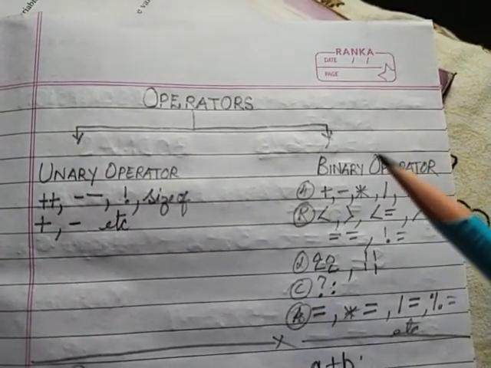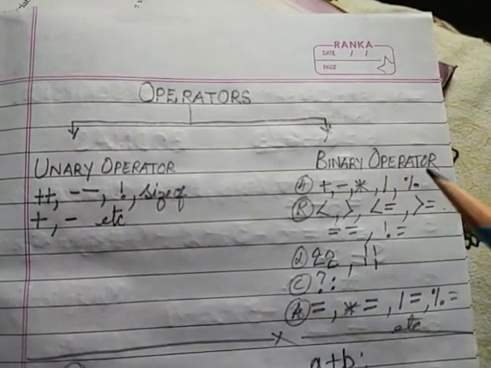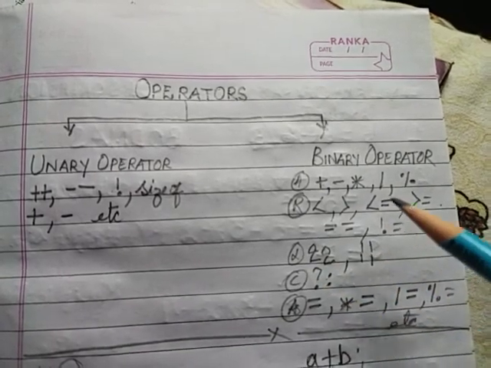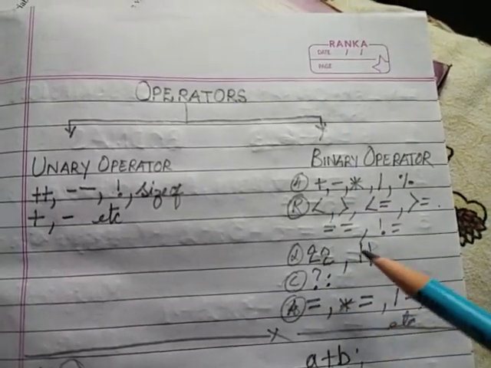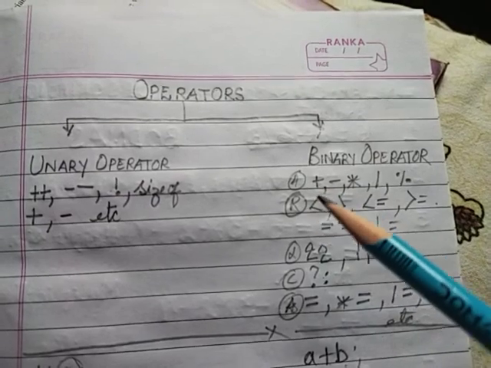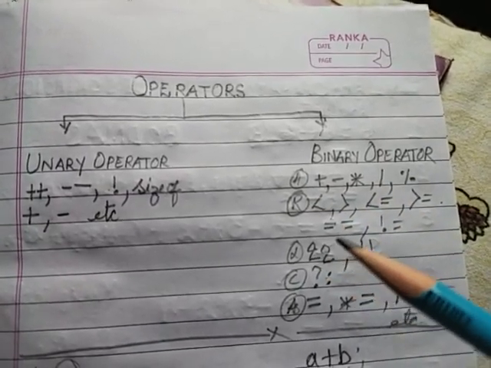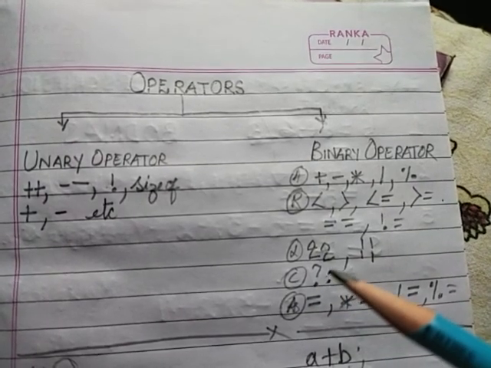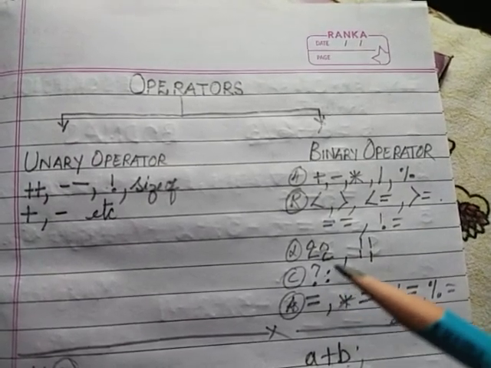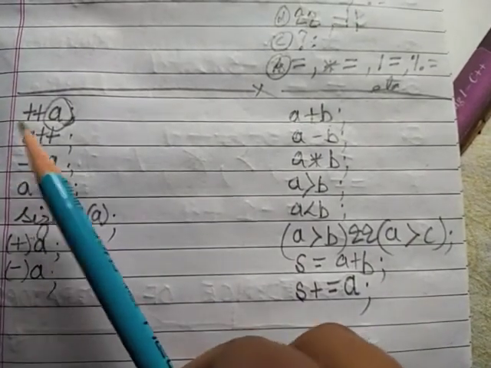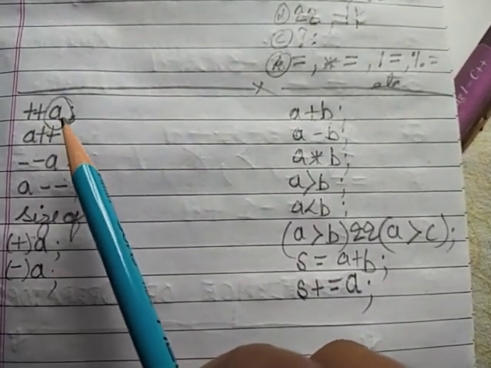On the other hand, the second one, we have binary operators. These operators act on two operands, two values or two variables. Examples are addition, subtraction, greater than, conditional operator, assignment operator, etc. For example, over here I have ++a.